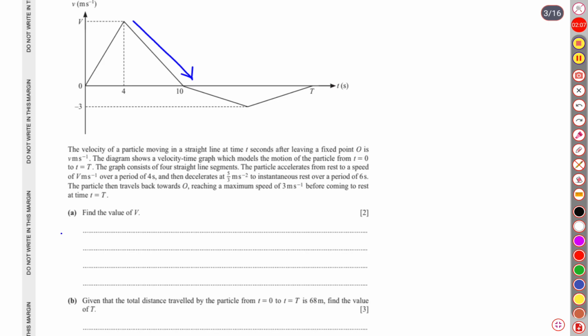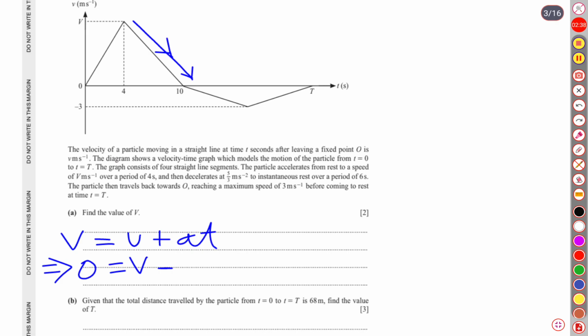Our final velocity for the shown direction was 0, and initial velocity was v. It started from the velocity of v, and as it is decelerating, the symbol will be negative.